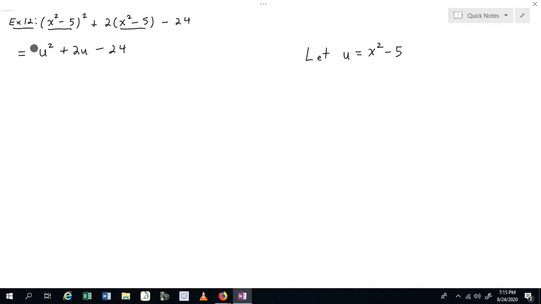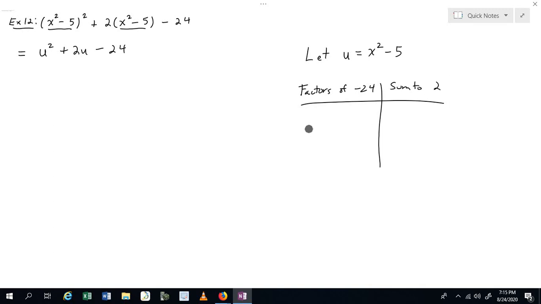So this is one of the easy trinomials because the leading coefficient is 1. What we need to do is look at all the factors of negative 24 that sum up to the middle term, which happens to be 2.